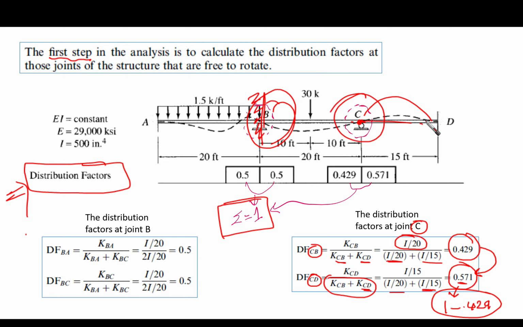If you are going to ask me why we didn't put distribution factors here, the answer is because there is no other framing joint, so all the moment is going to be taken by this element, so no need to put any distribution factor. Distribution factor here is like 1. So we are not putting it, it's understood.